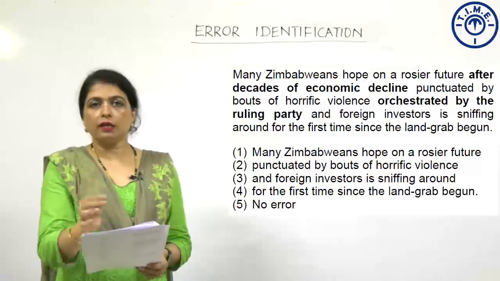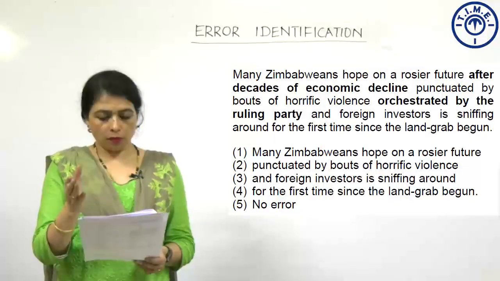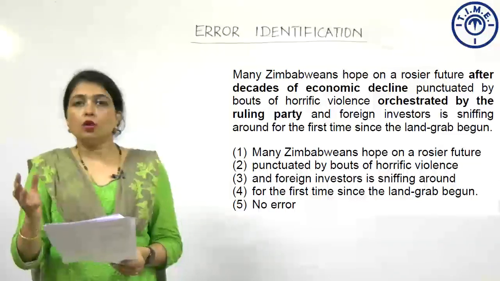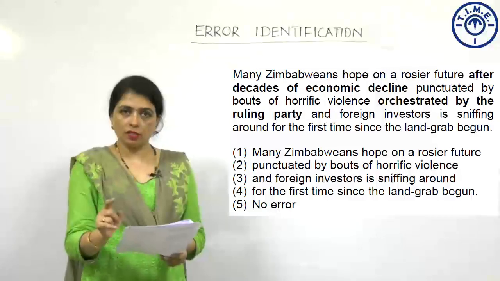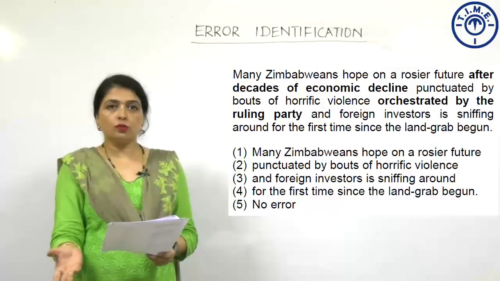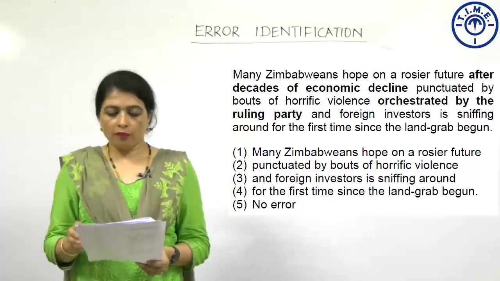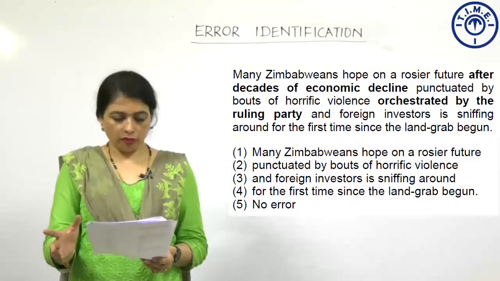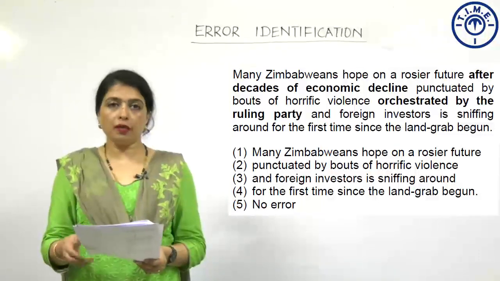So, there is a clear subject-verb discord error. That means the subject and the verb are not in agreement with each other. Subject over here is plural, foreign investors, and the auxiliary used is "is," which is singular. So, we need to change it to "are." And foreign investors are sniffing around for the first time since the land grab begun.